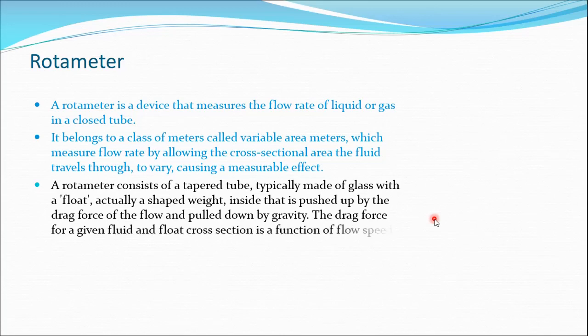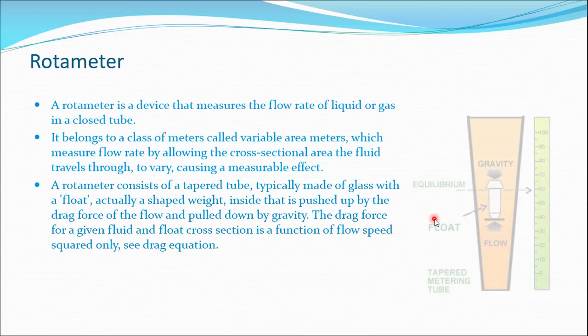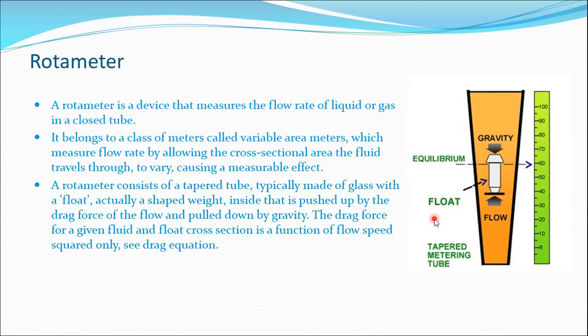And a rotameter basically consists of a tapered tube. Here you can see this is a tapered tube, and typically it may be made of glass or plastic, with a float.